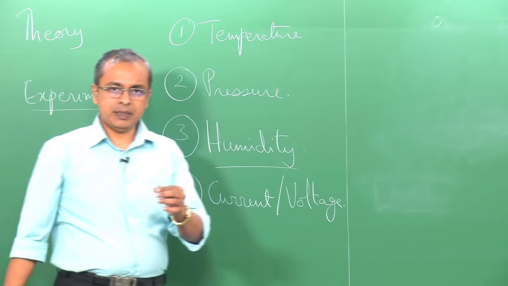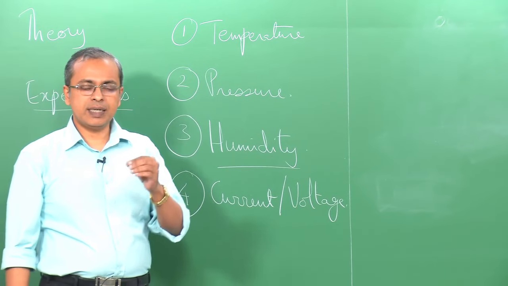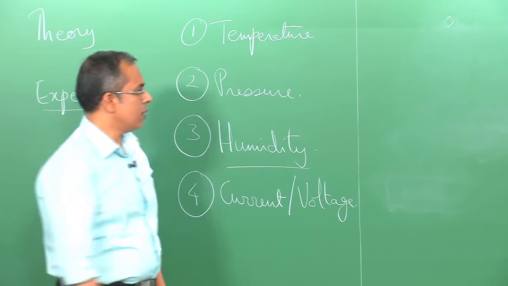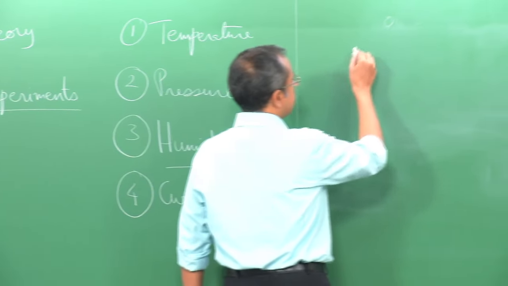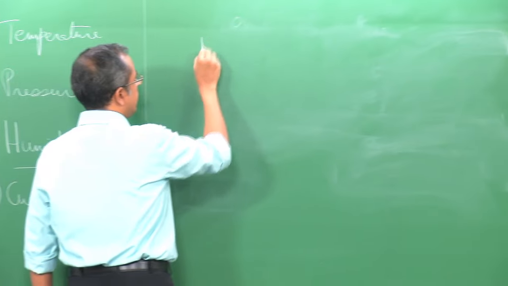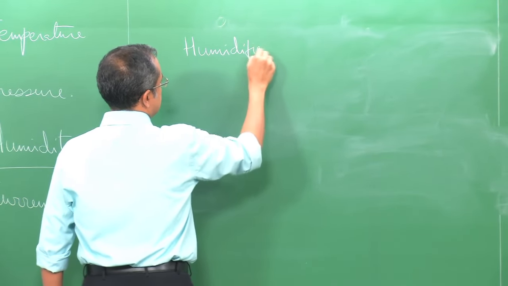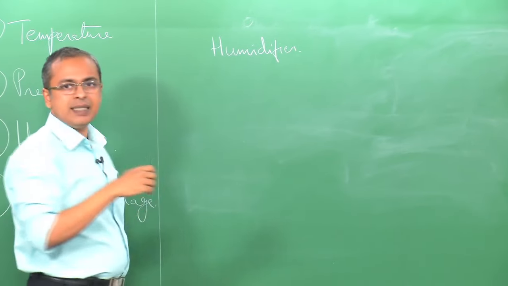There are many experiments where we want to know what is the relative humidity of the gas that is present in the experiment. Okay. So, often what is done is you have something called a humidifier, and this could be of various designs.